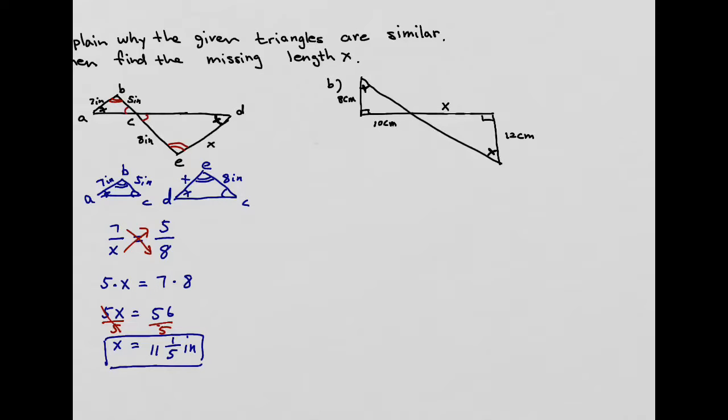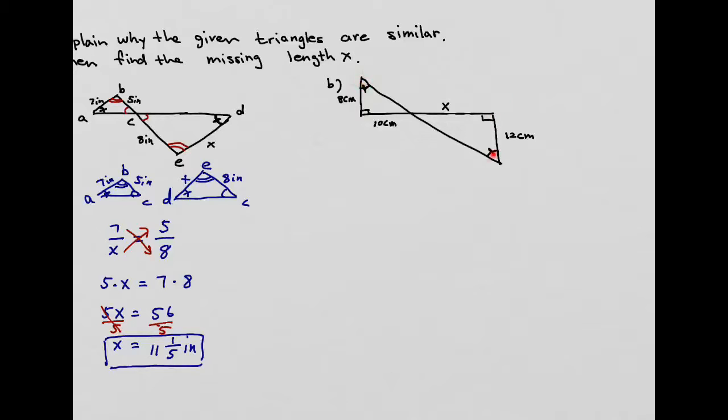We're going to try one more time with example B. So we're going to make sure these two triangles are similar, right? Similar if all these angles are the same size. So look, this is given as 90 degrees, 90 degrees, so that's equal.